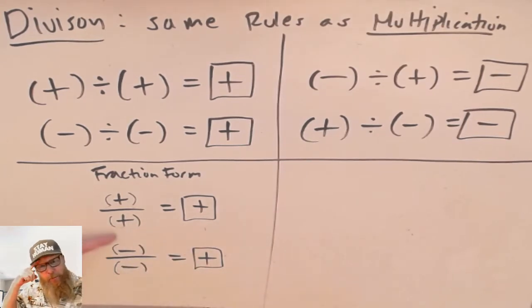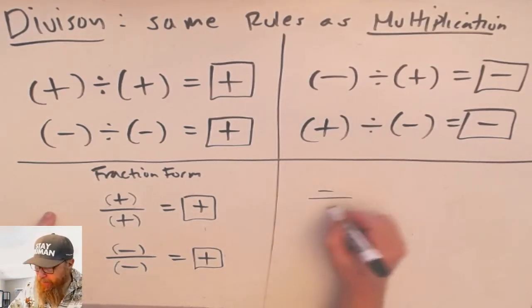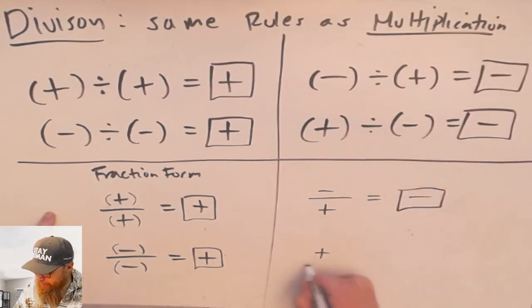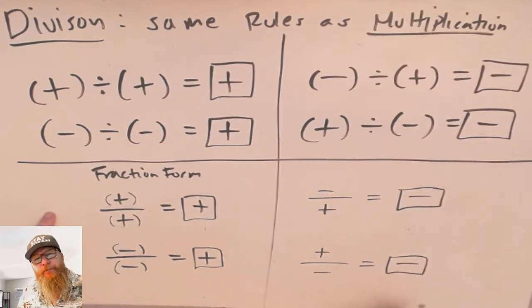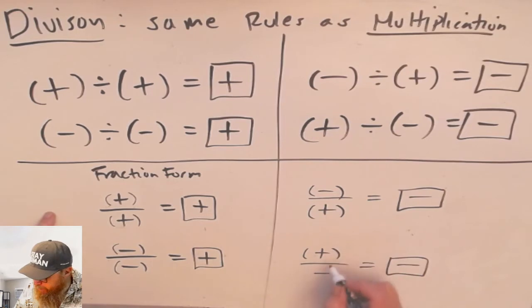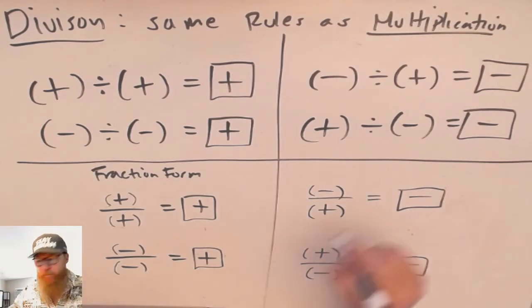Although oftentimes when we do fraction problems, we just don't use parentheses. And over here it would be a negative divided by a positive is a negative, and a positive divided by a negative is still a negative. And again, I think it sometimes looks neater to have the parentheses, but we often don't use parentheses in these forms.